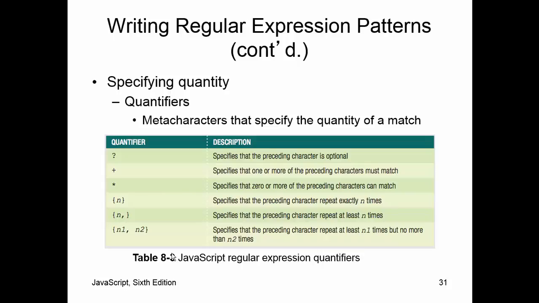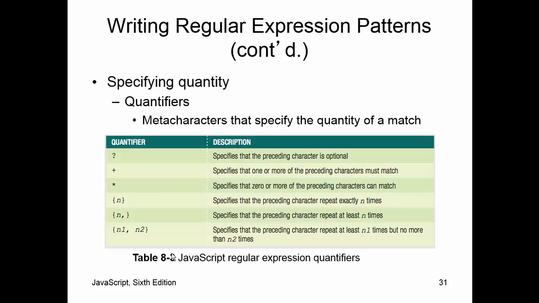If you put a question mark someplace, it's optional. Optional meaning, no, you don't have to have it, but you can have it. If you put a plus sign into something, it means that one or more of the following must match this. If you put an asterisk in, it means 0 or more can match this.